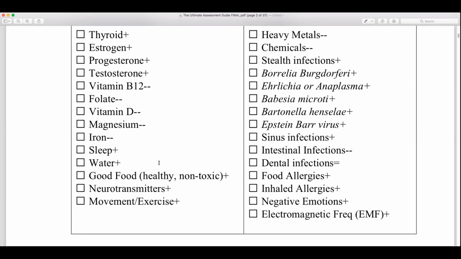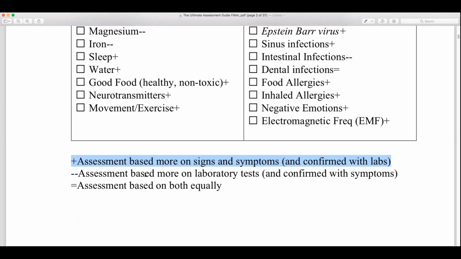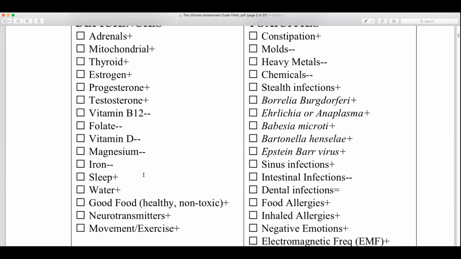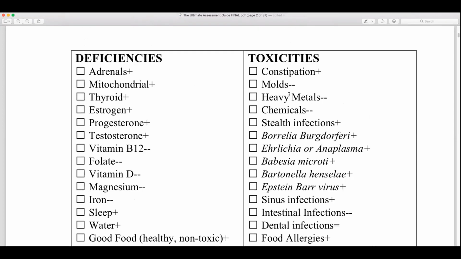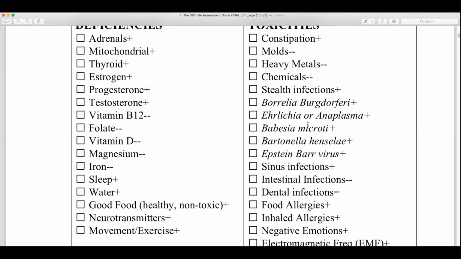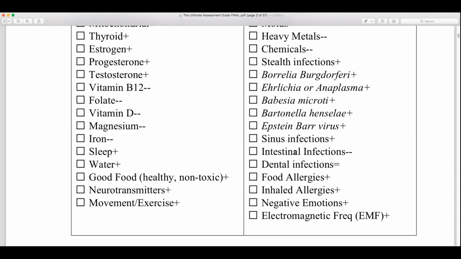Those are all kind of subjective experience. The minus is based more on laboratory tests and then confirmed with the symptoms. So this is the nutrients: B12, folate, vitamin D, magnesium, iron, and then over here molds, heavy metals, chemicals, intestinal infections, and that's it.